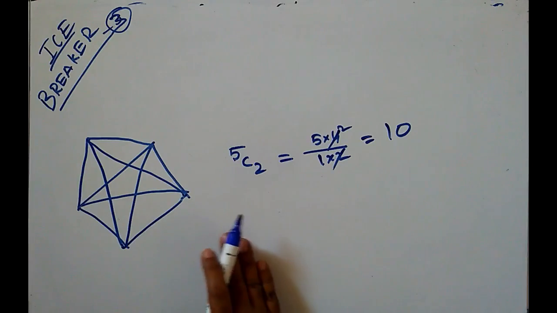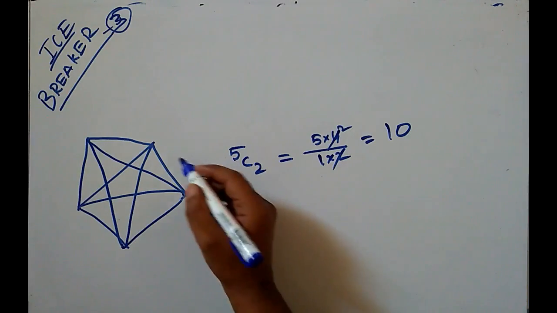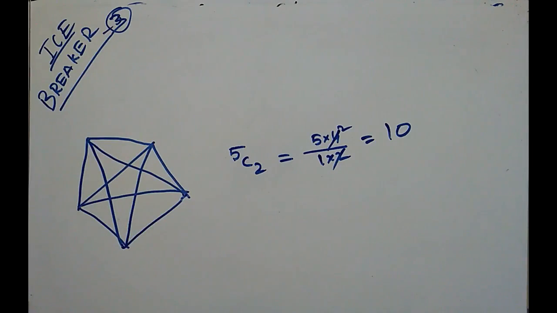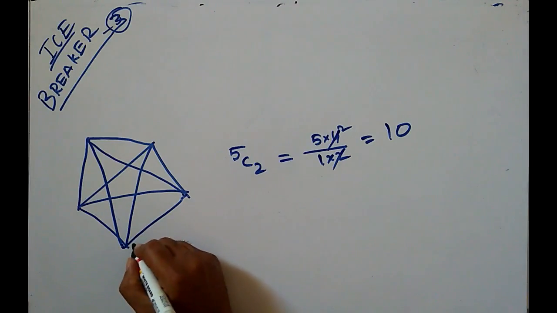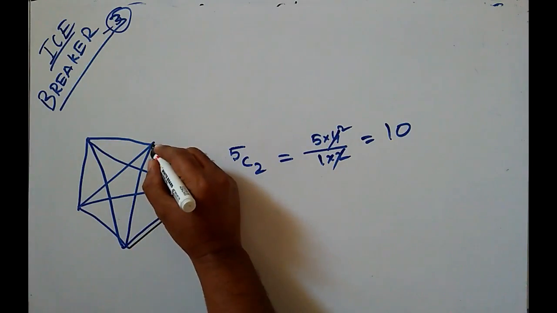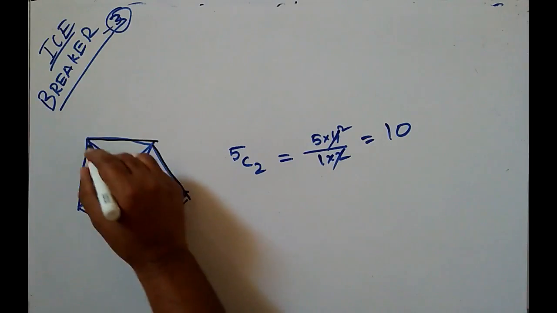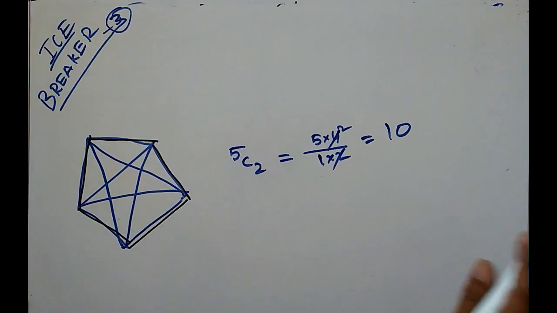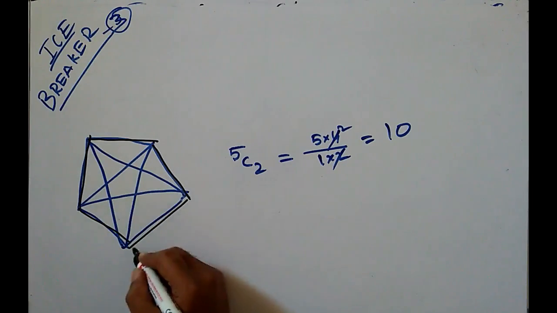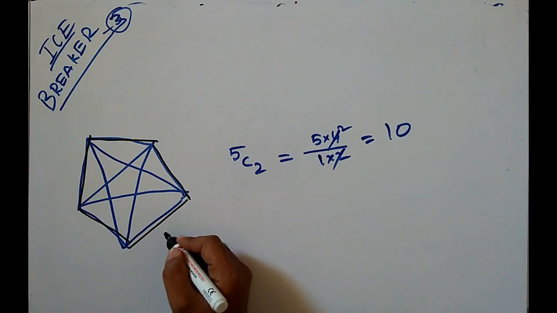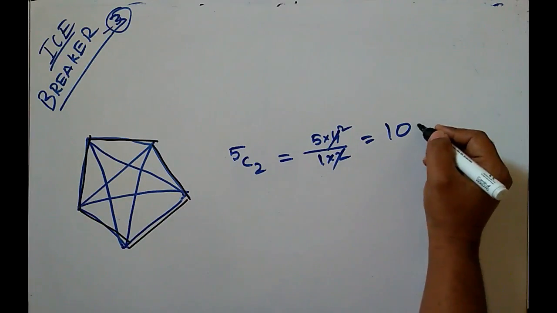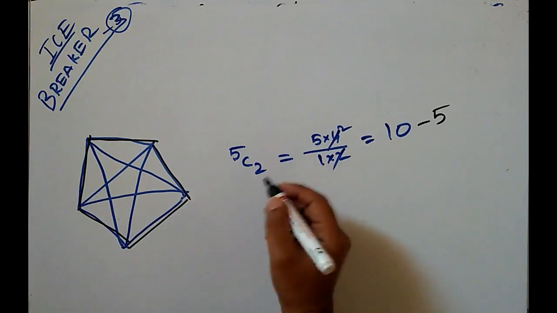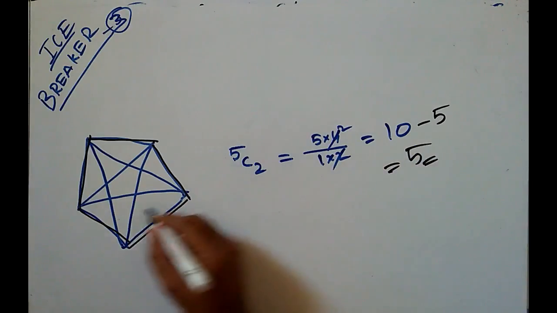These 10 lines include the sides of the pentagon. These 5 points form the pentagon. Am I right, friends? This is a side, this is another side, and so on, and the remaining are just the diagonals. So in 5C2, 5 are the sides of the pentagon, so I remove the number 5 because these are the sides of the polygon.